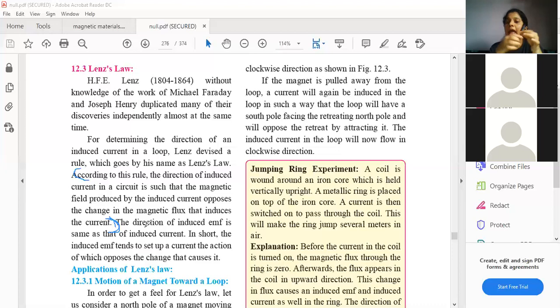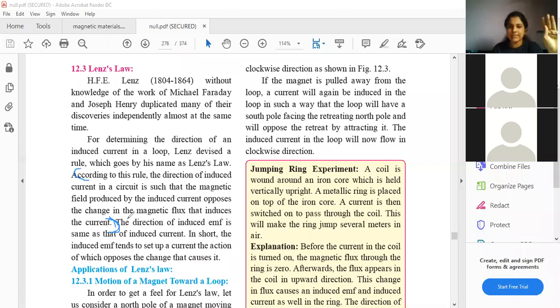So any current carrying wire or current carrying coil has its own magnetic field produced. So here what is happening? Because of the magnetic field, current is induced, and because of that induced current, a magnetic field is coming. I hope you are understanding the chain.